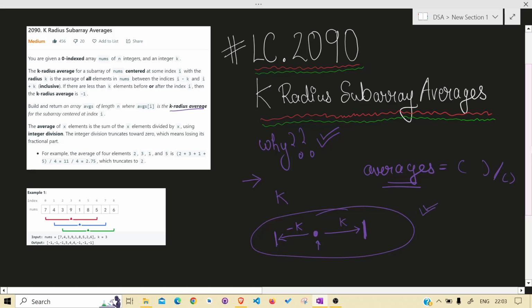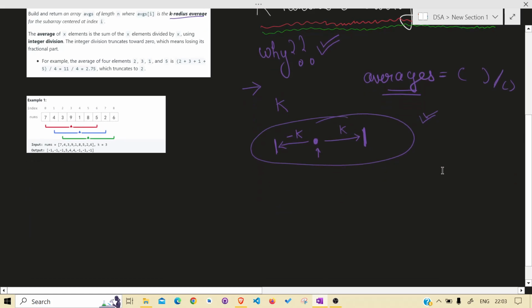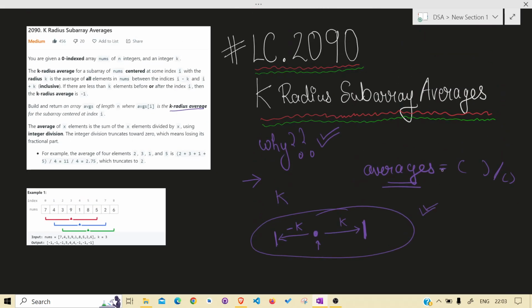First, let's summarize what the problem is asking. You need to get the averages. How? In this manner. This is the point along which there is k distance on this side and k distance on that side, and you need to find the average under this condition.